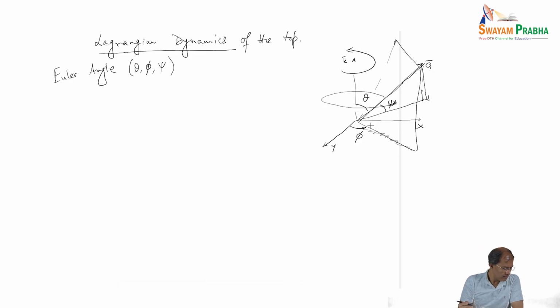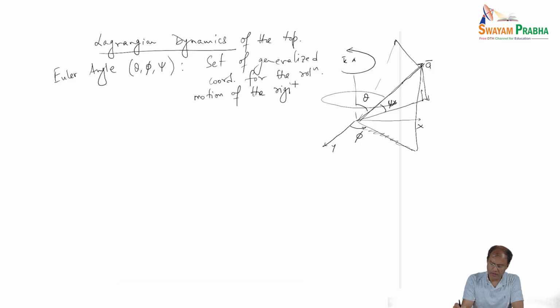So what we have is the set of generalized coordinates for the rotational motion of the rigid body.